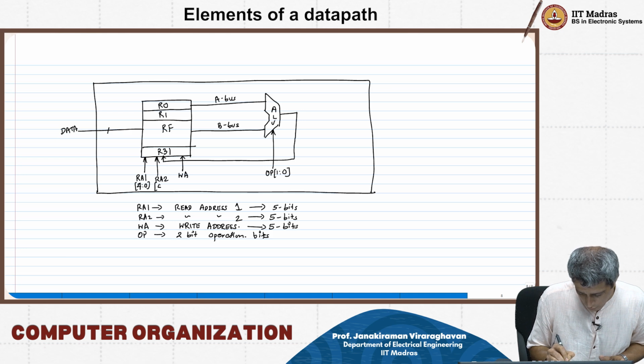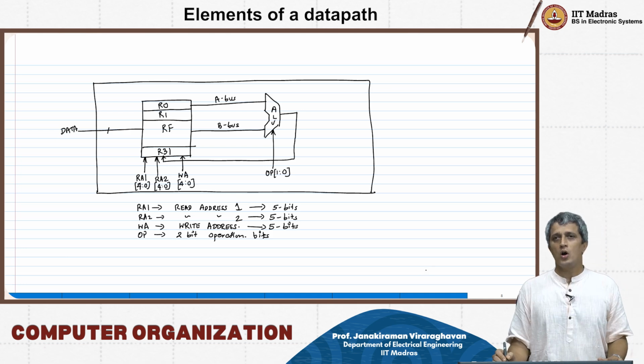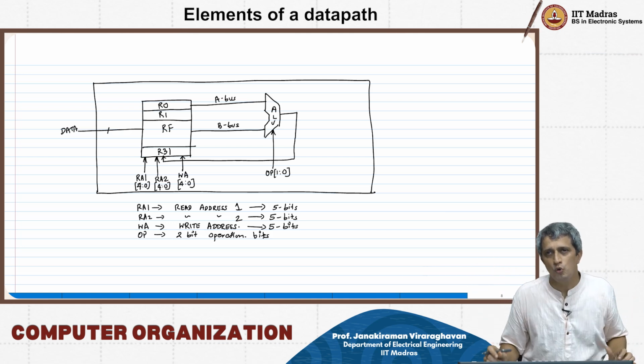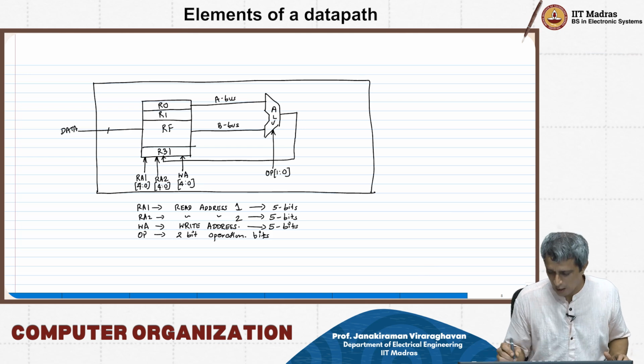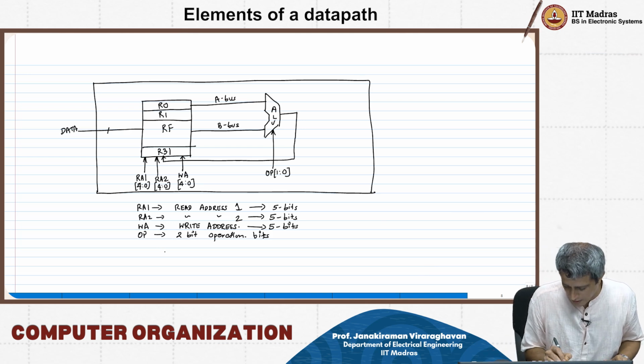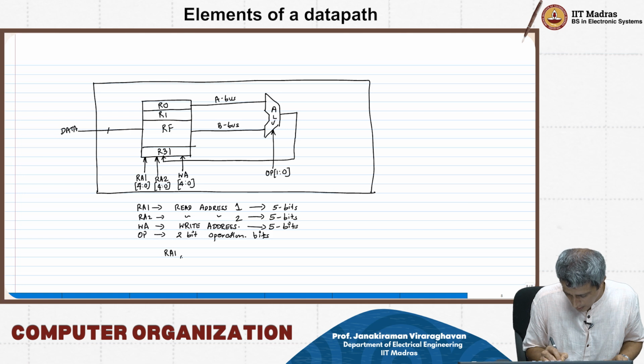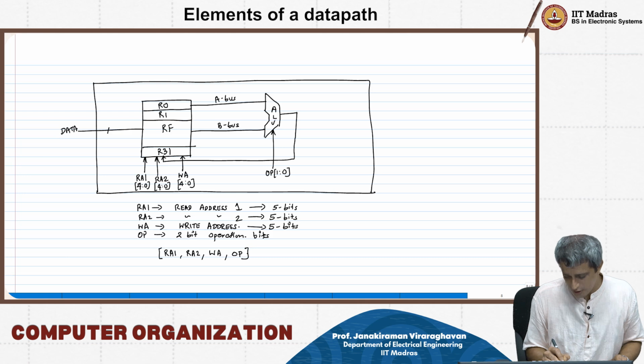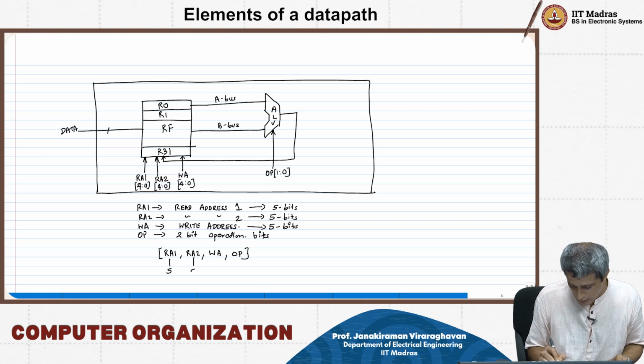So in general this is 4:0, write address 4:0. With every operation that is associated with this ALU, I can now collect all these addresses, RA1, RA2, WA and OP, and so this is how many? 5 bits, 5 bits, 5 bits, and in this case 2 bits.